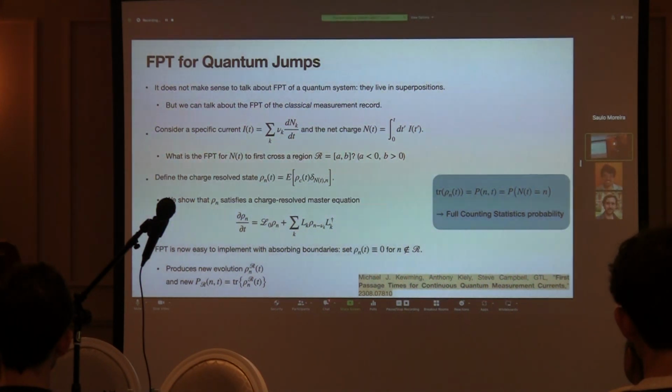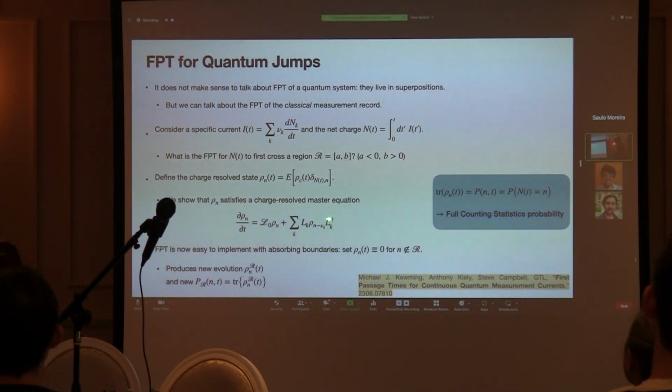It's not really a probability flow, it's a flow of density matrix from the other n's associated to the jumps, right? Because Lk changes my n by a certain number nu k, and so this has a flow of density matrix from the other rho n.